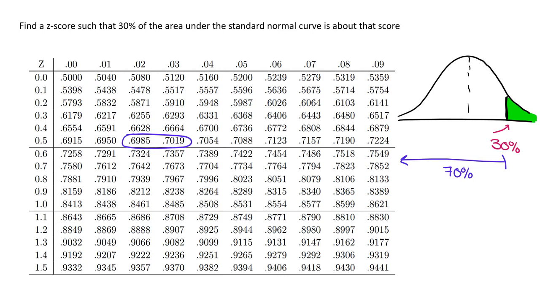Which one of these is closer to 0.7? I would say the 0.6985 is closest to 0.7. And so what is the z-score that corresponds with that value? 0.52. So z equals 0.52 is the z-score that corresponds with 70% of the data being below it and 30% of the data being above it.